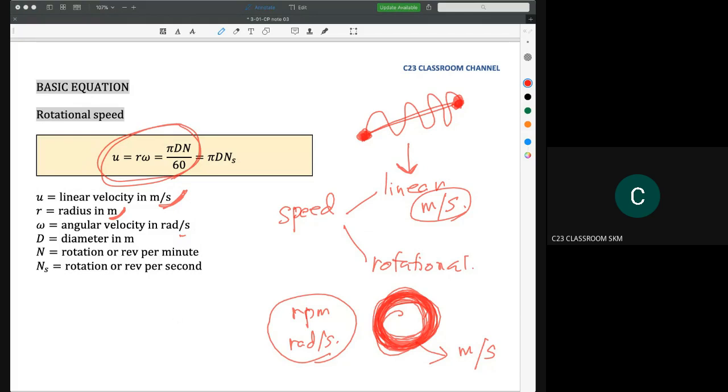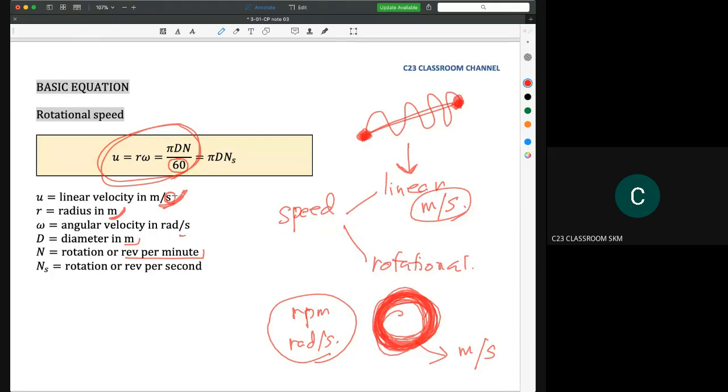Okay, and then D here is the diameter in meter, and please make sure that you really understand the units. If the question or the condition is given in rotation per minute, it means you need to divide by 60 here to make sure that you get per second.